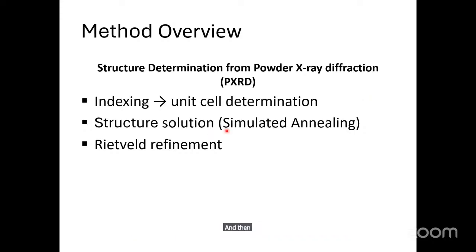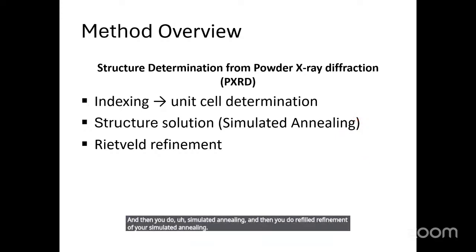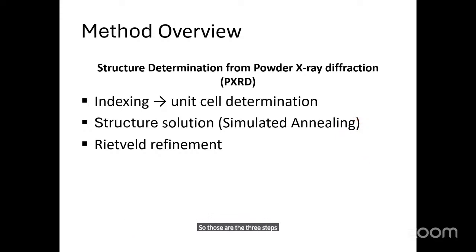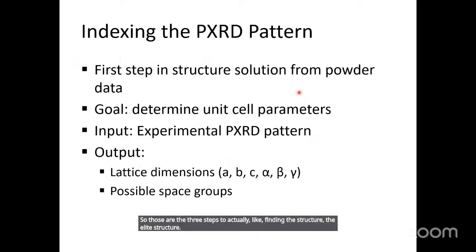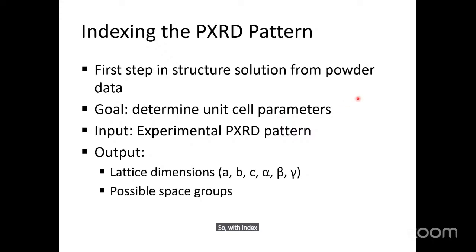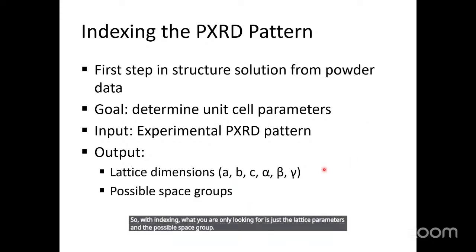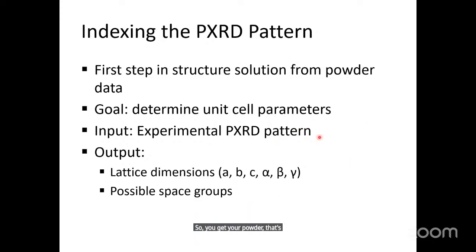Then you do simulated annealing, and then you do refinement of your simulated annealing. Those are the three steps to actually finding the lattice structure. With indexing, you are only looking for the lattice parameters and the possible space group. The only input you put in is your powder pattern.